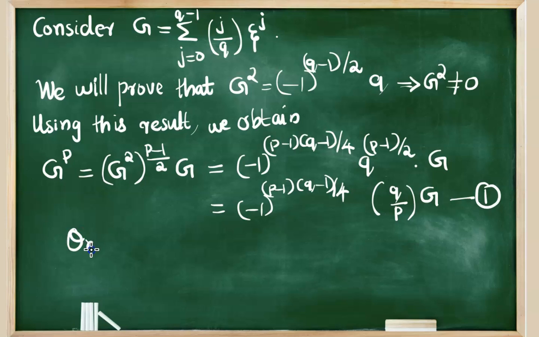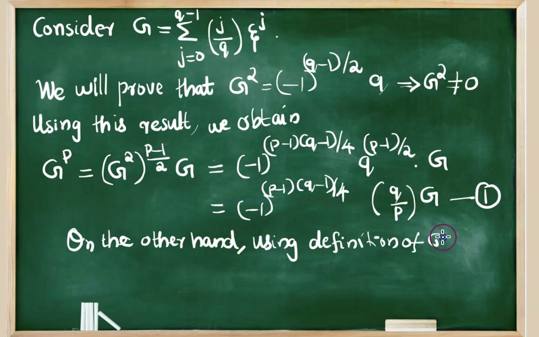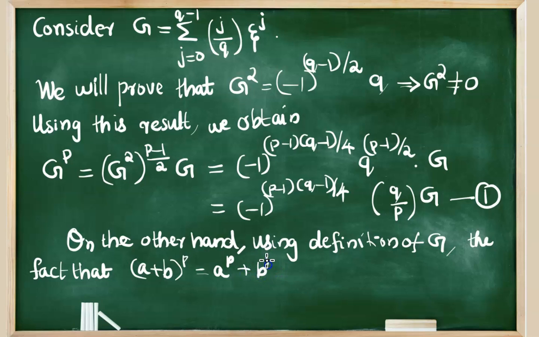On the other hand, using the definition of g, the fact that (a+b) raised to p is equal to a raised to p plus b raised to p in the field F_p^f, and the observation that the Legendre symbol (j/q) raised to p is equal to the Legendre symbol (j/q) itself.